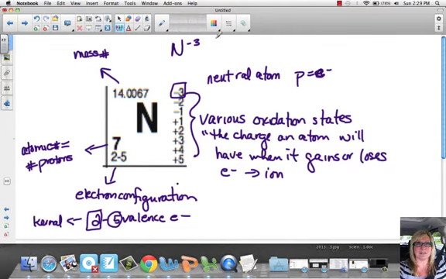So nitrogen has 7 protons. If it has a -3 charge, that means it now has 10 electrons, because a +7 and a -10 gives me a net -3, and that's where this charge is coming from.